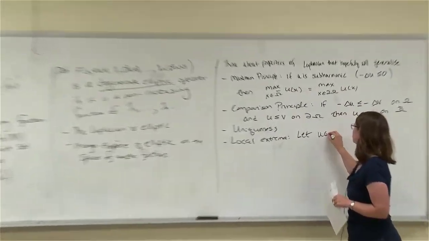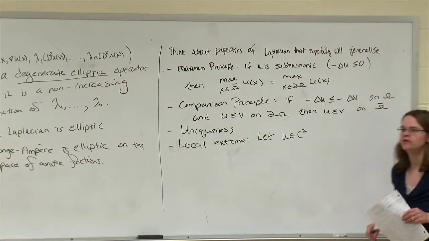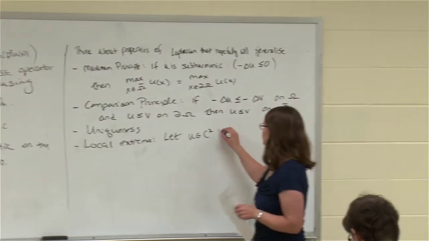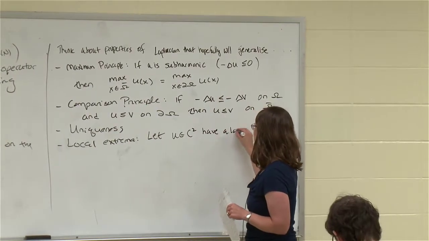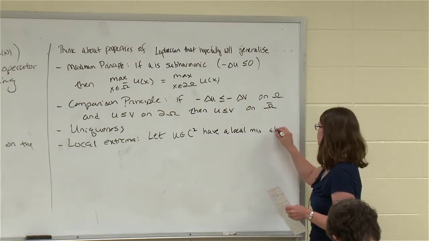Let's say u is smooth enough that I can take the derivatives, and I'm not assuming it's harmonic at this point. But let's suppose that it has a min at some point x naught.